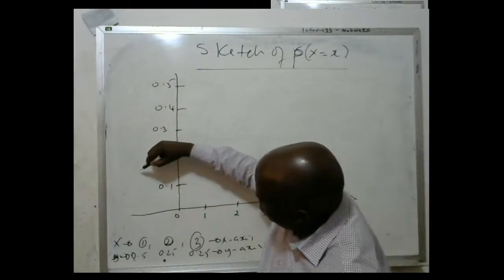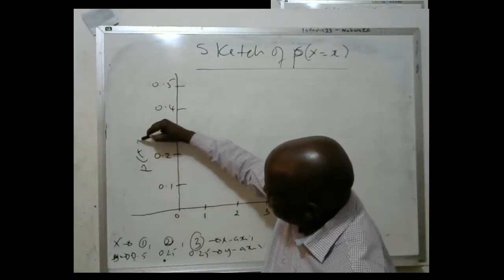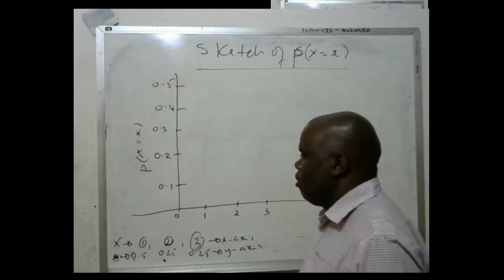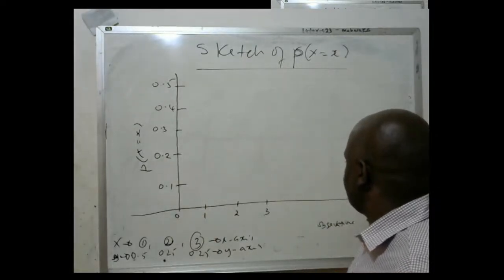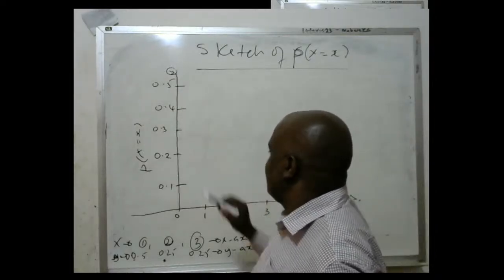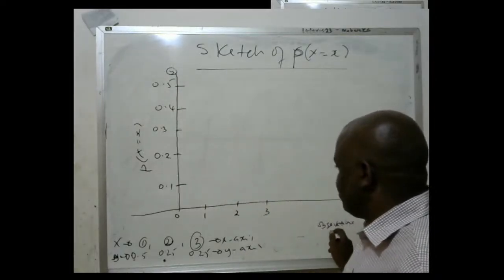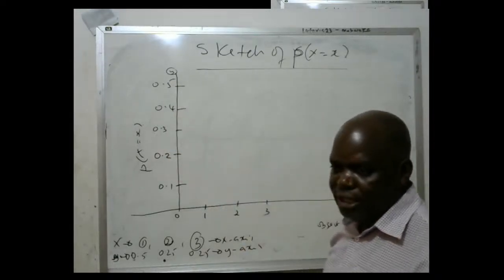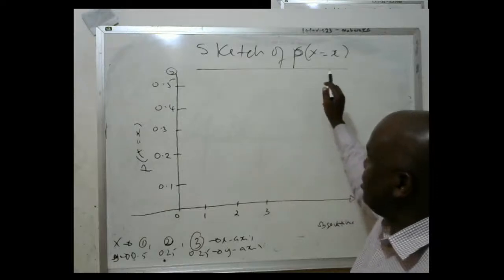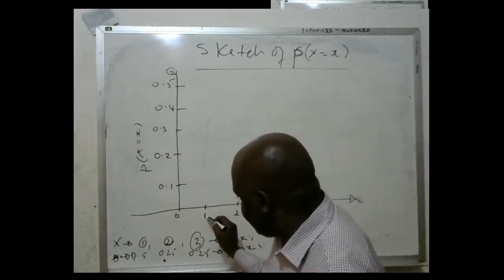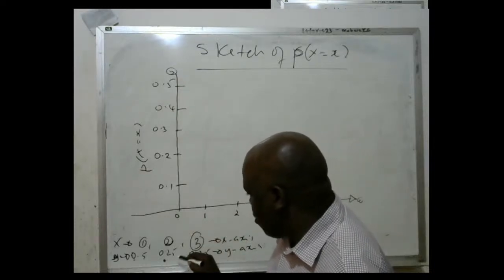And here, you need to label the probability of X equal to x. These are the respective probabilities. Of course, we know that this is the x-axis, and ideally, this is the y-axis. Even if you have not labeled, but you have put here observations and here the probabilities, this is a sketch of our PDF.